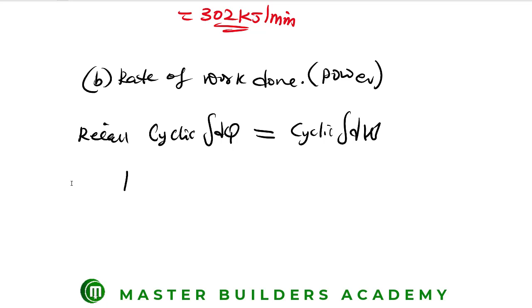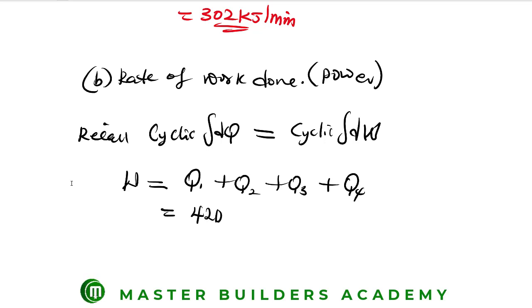Work done here is now equal to Q1 plus Q2 plus Q3 plus Q4. Q1 was given as 420, Q2 was given as 210, Q3 was given as negative 210, and Q4 is given as 0.